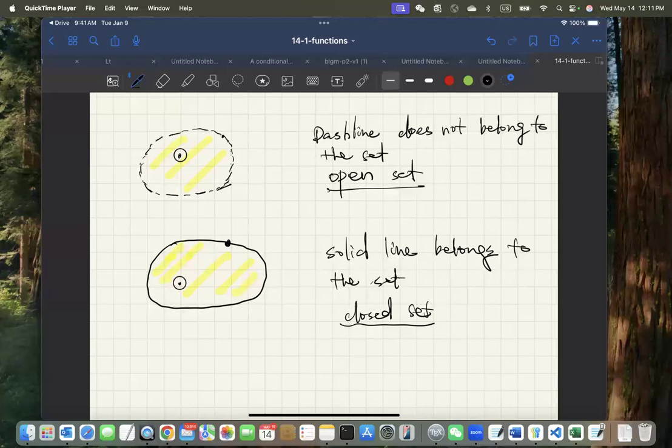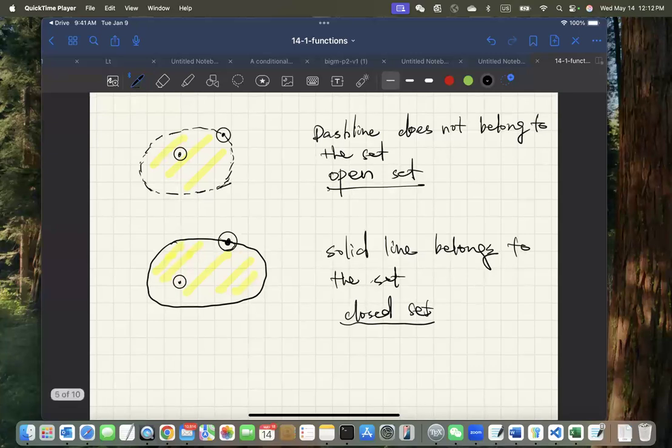But this point is not an interior point because no matter how small a disk you use to cover this point, you always have some part outside of your set and some part inside of your set. Part of the disk belongs to your yard and your territory, and the other part does not.